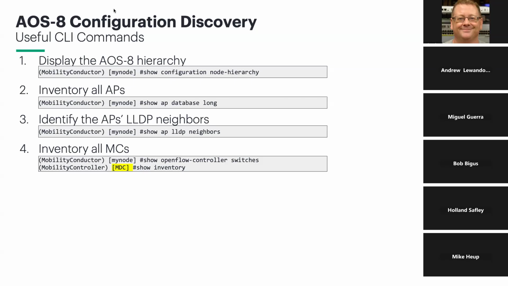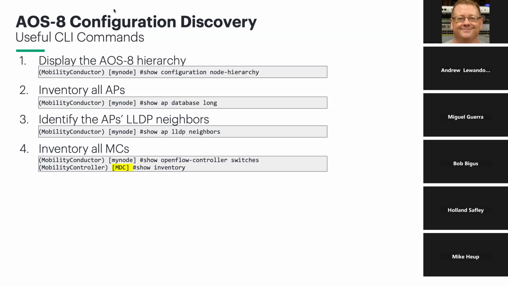Recently, I was talking to another TME, and we were both asking each other, do you know a way that we can pull both the serial number and MAC address of all the controllers from the MM? It turns out that this one gave me that information for my lab, and it worked in a couple of other places. But I've heard of one instance where show openflow controller switches, issued on the MM, did not provide all of them.